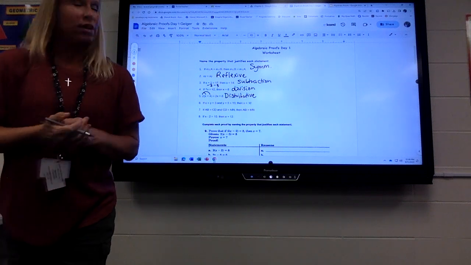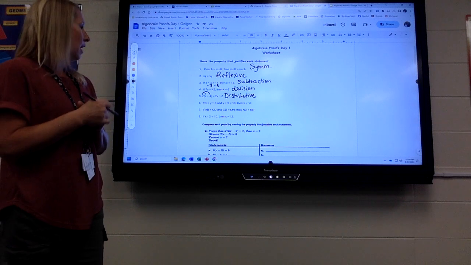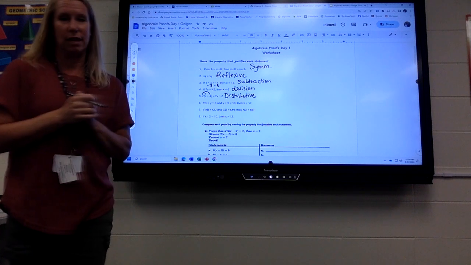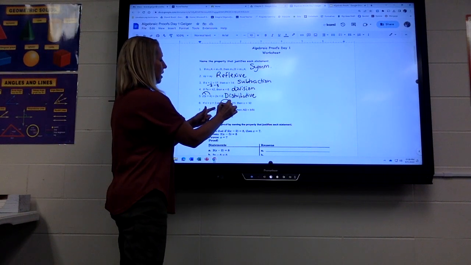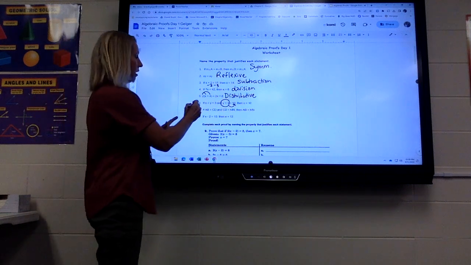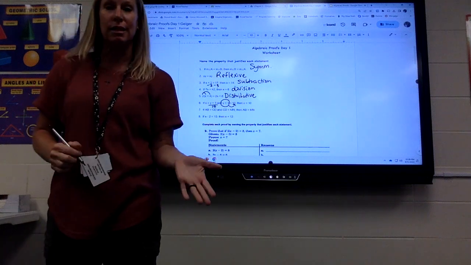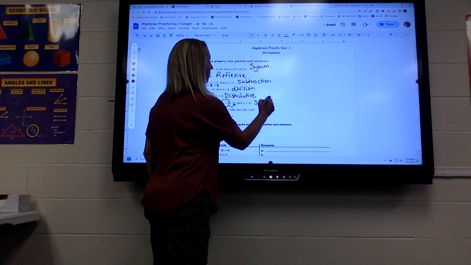This one might be kind of tricky. If x equals y plus 3 and y plus 3 equals 10, then x equals 10. Well, if y plus 3 is 10, I could replace the y plus 3 with the 10. When you replace something with something else, it's substitution.